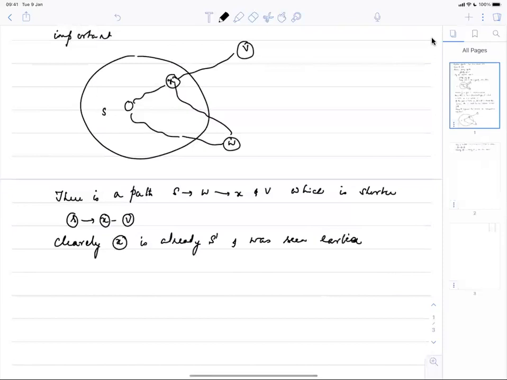Okay. Again, since distances are non-negative, we can argue that it is not possible.